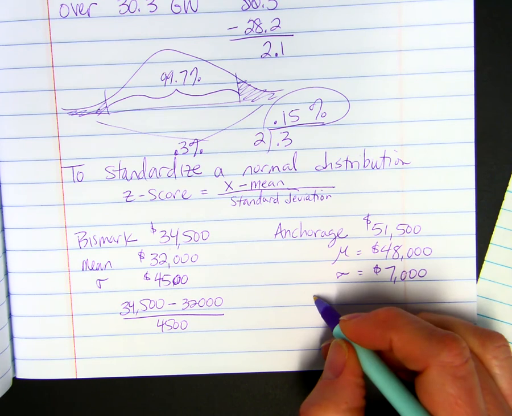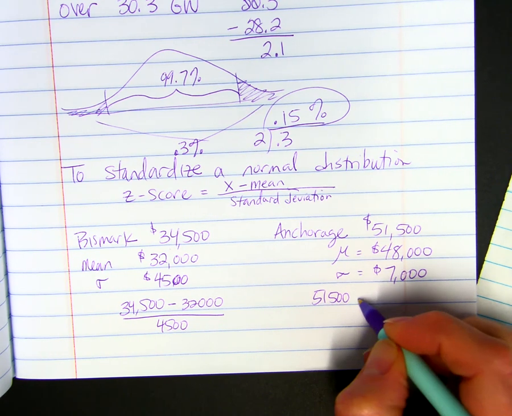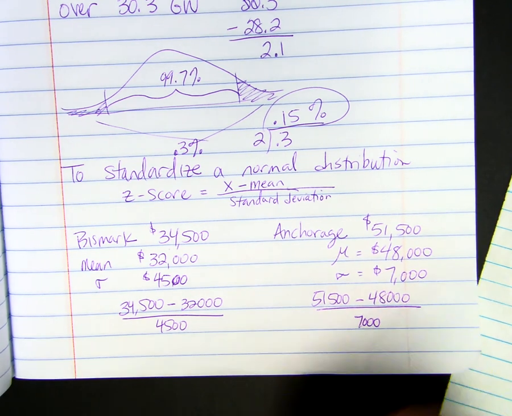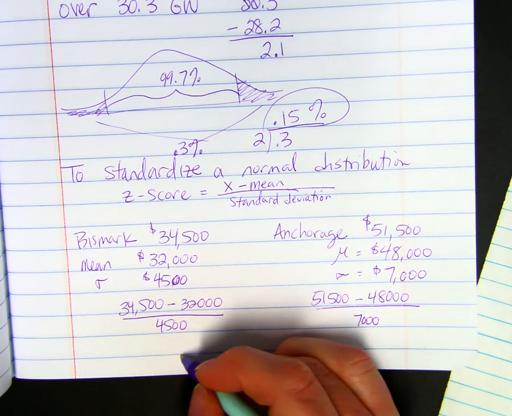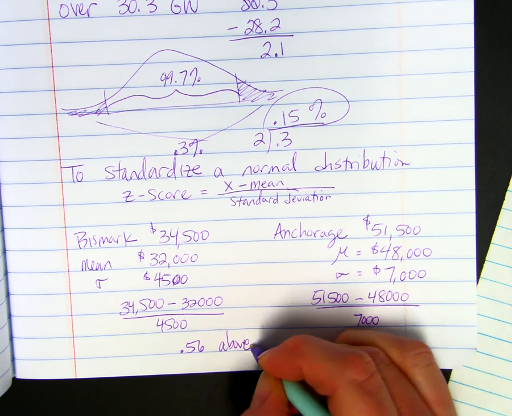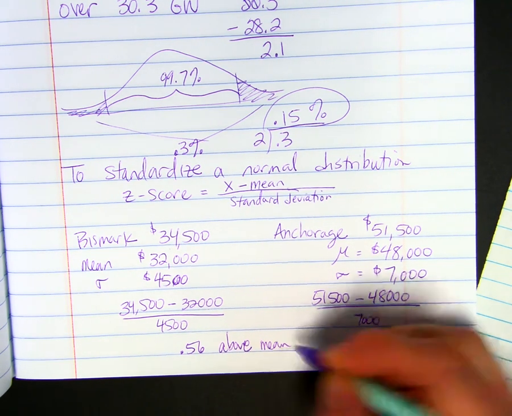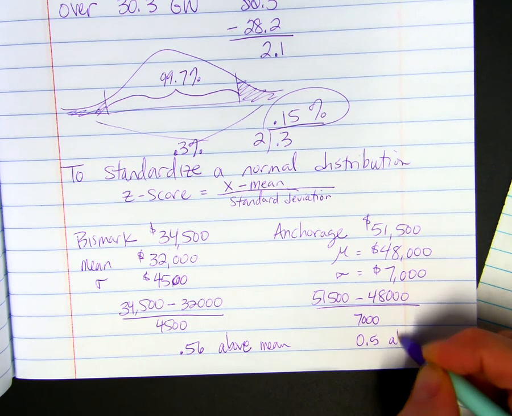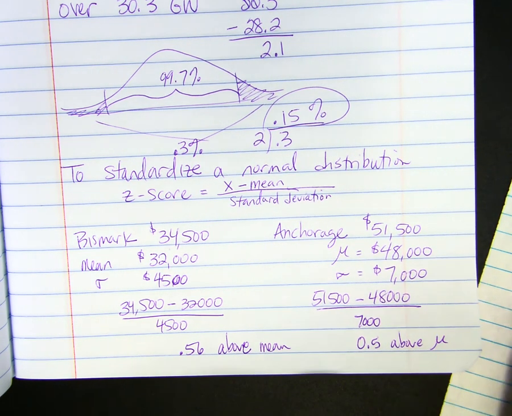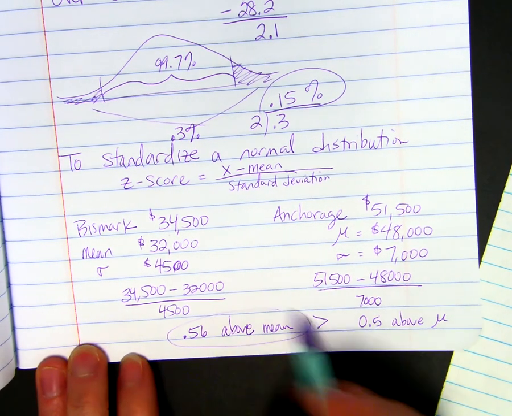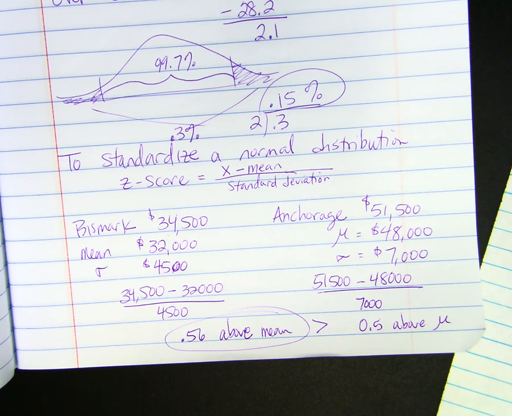Then you do the same thing in Anchorage and divide by 7,000. So here you get 0.56. So it's above the mean by 0.56. Here you get 0.5 above the mean. This one's greater, so it would be better to take the Bismarck job.